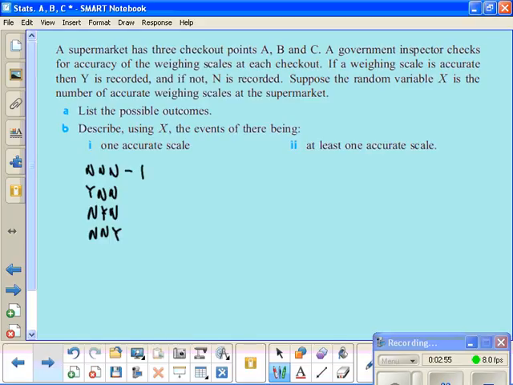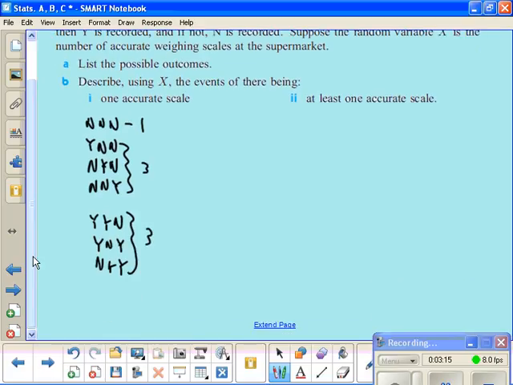So there's one that has all no's, and there are 3 that have 1 yes. It could be yes, yes, no; yes, no, yes; or no, yes, yes. Again, there's 3 of those possible outcomes, and then yes, yes, yes. There's only 1 of those. So these are the possible outcomes.